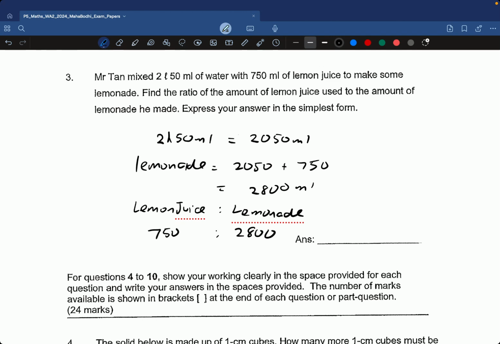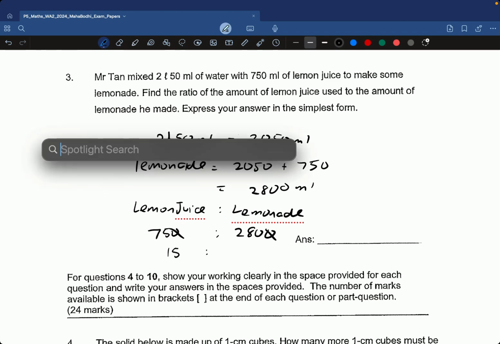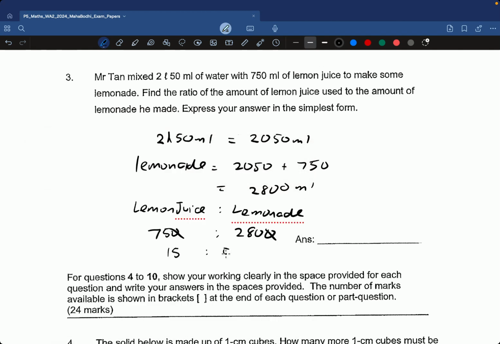We cancel 0 and 0. Then if we divide 70 by 5, this will give us 15, and divide 280 by 5, this will give us 56. So the answer is 15 to 56.